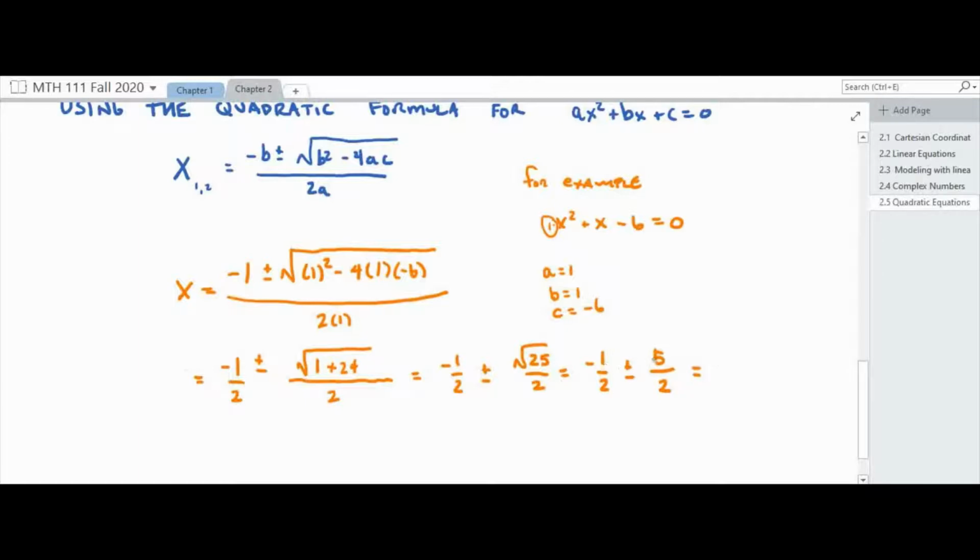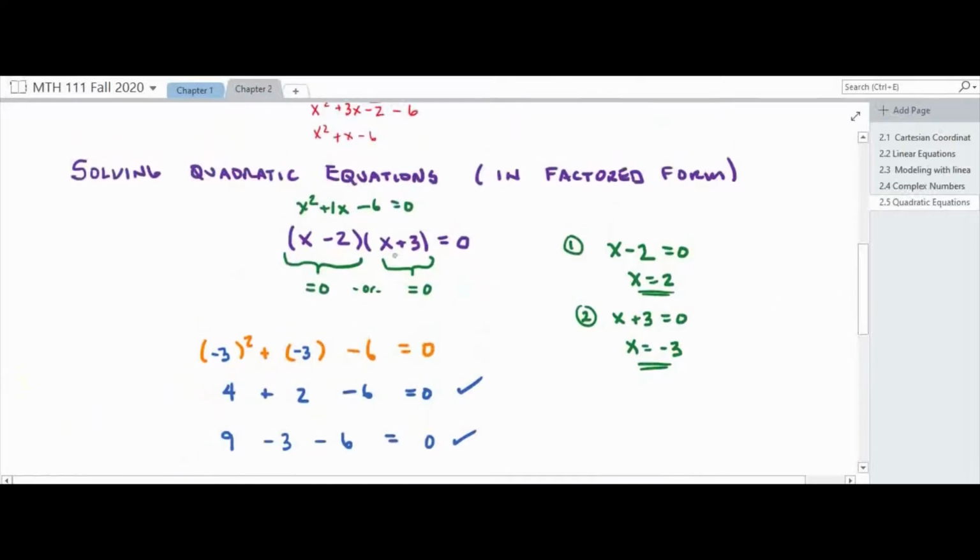So we're going to have two solutions. It's going to be 4/2 and minus 6/2, which equals 2 and minus 3, and we see that's what we got when we factored this up here. x equals 2, x equals minus 3.